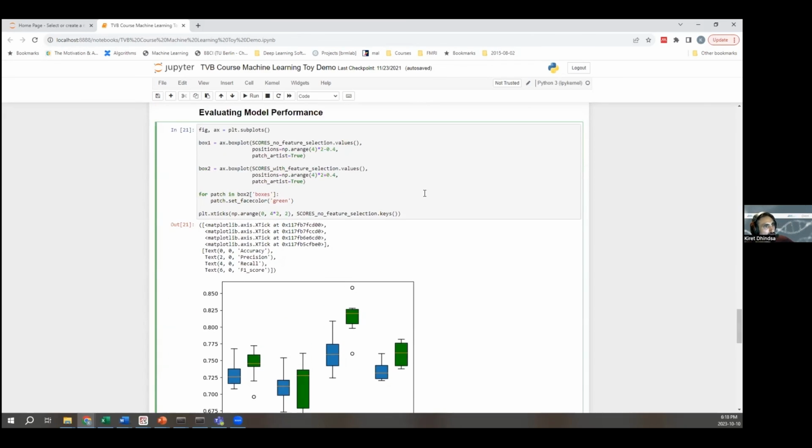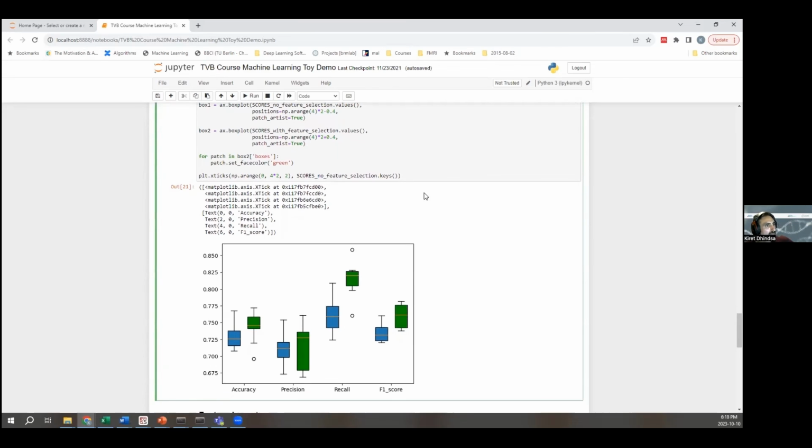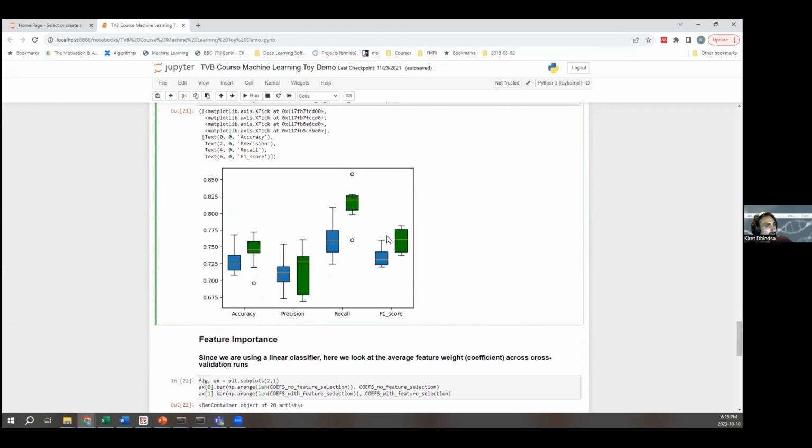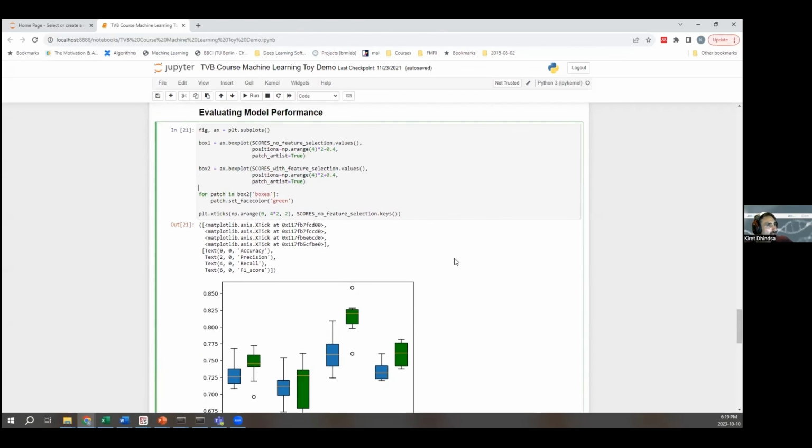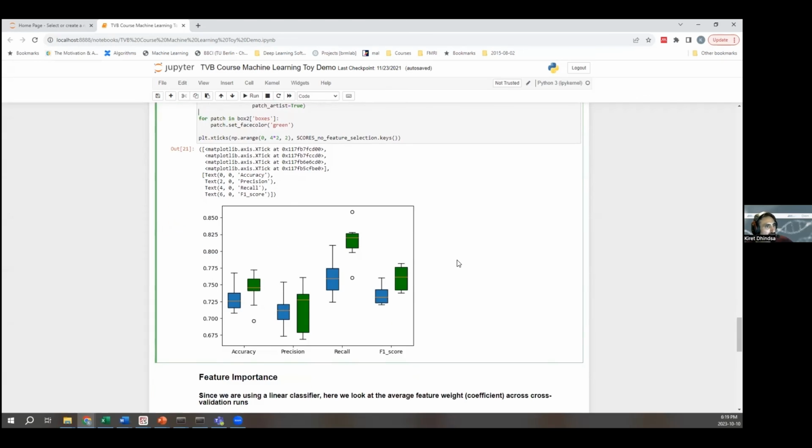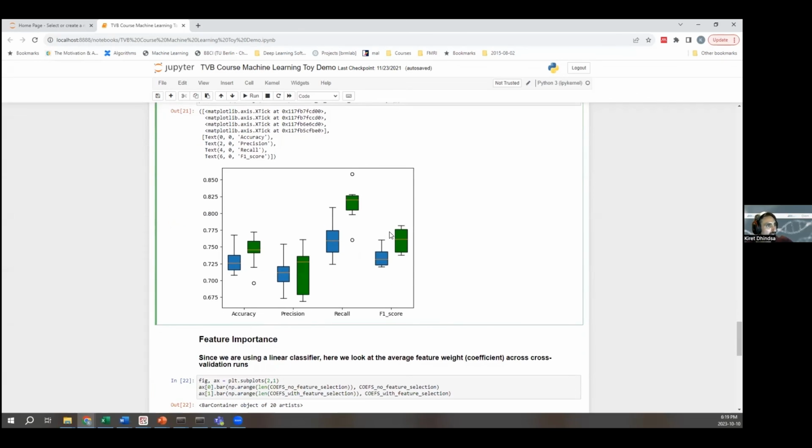And then we can look at the distribution of your scores: accuracy, precision, recall, and the F1 score. This compares the scores with feature selection to scores without feature selection. You can see with feature selection, you get a little bit of a boost in accuracy.